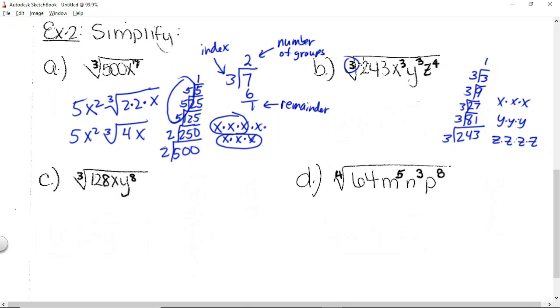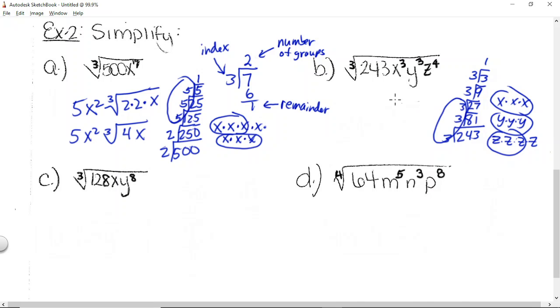Our index is 3, so we're looking for groups of 3. And as far as the prime factors, we do have a single group of 3, but that's it. And then for the x's, we have this group of 3. And you got to look at all the variables, of course. For the y's, we have this group of 3. And for the z's, we have a group of 3.